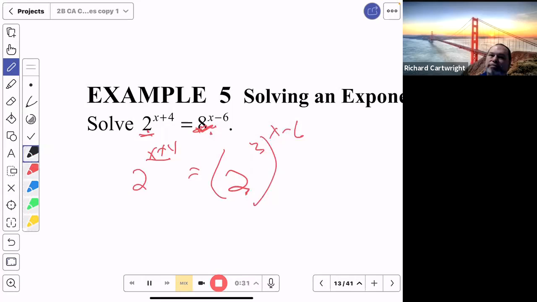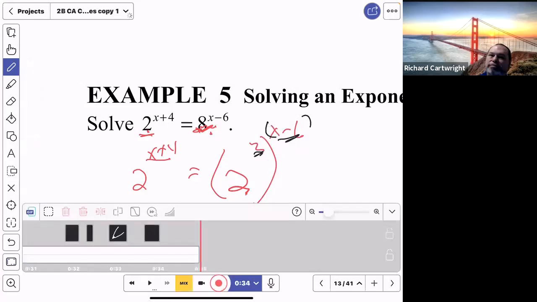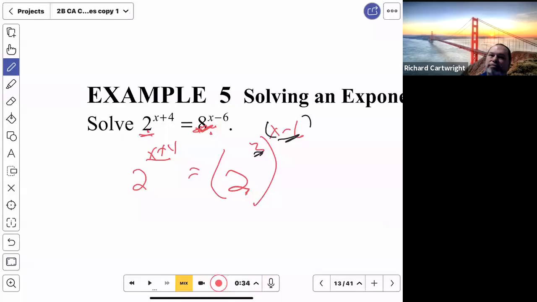But you should know that's an exponent to an exponent, and the rule is, an exponent to an exponent, you multiply these two together. So this becomes 2^(x+4) equals 2^(3x-18).